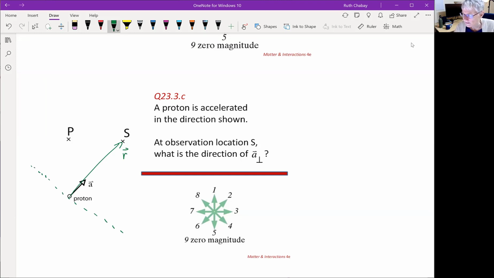But in fact, there is no component of A perpendicular. The only component of A is actually parallel to R. So in fact, that's one of the places where we would find that the electric field was 0 because it's along the direction of acceleration.